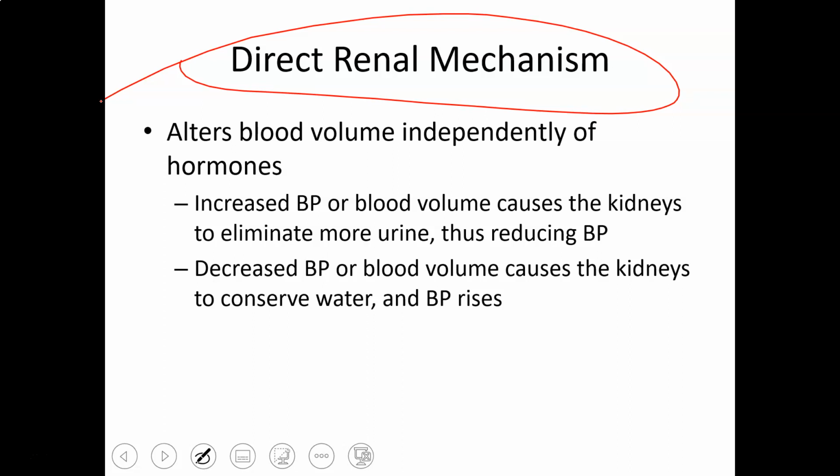It's just physics. The higher your blood pressure is, the more urine you make, because you force more blood through the kidneys. If you make more urine, you decrease volume, you decrease pressure, problem solved. If your blood pressure is not high enough, you don't make as much urine. You retain water, your blood pressure goes back up, problem solved.